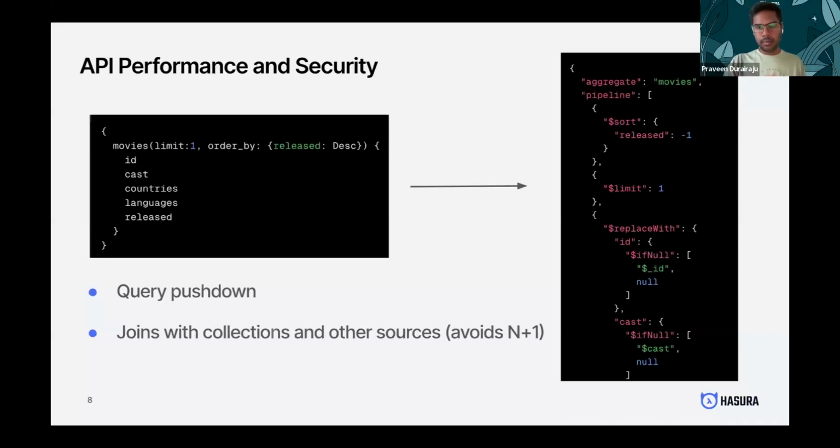And if you look at the aggregation pipeline that's over here, which is like stages of a database query, you have these parameters pretty much configured. So you have the sort parameter, you have a limit of one, and you'll also fetch the right columns, and if not, return null.